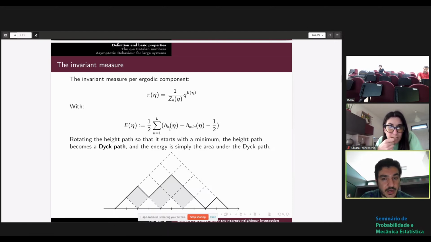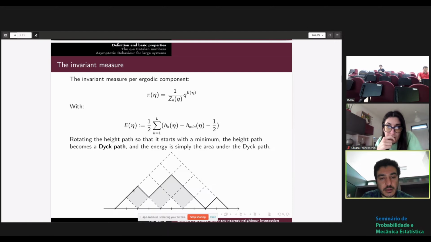You can maybe have a slightly similar representation if you represent it by a path which is the same as the height path, but you start from one of the minimums. So if you start from a minimum, then your height path will always be above 0, right?